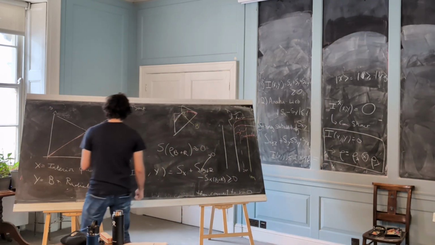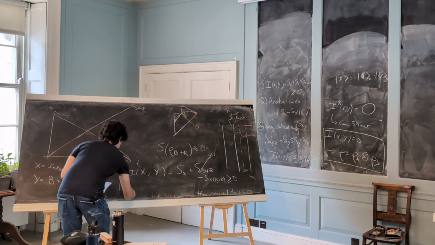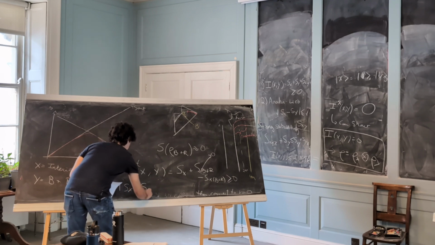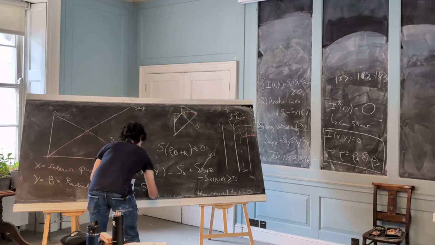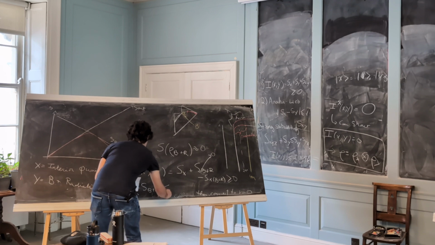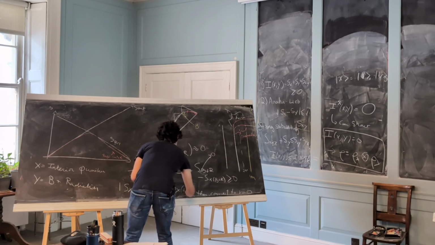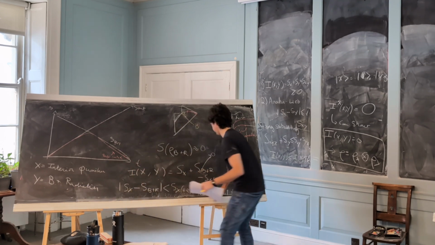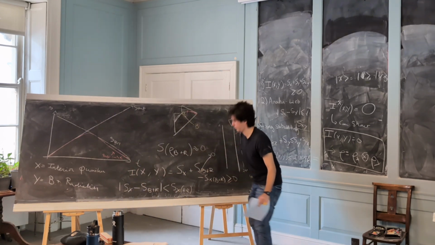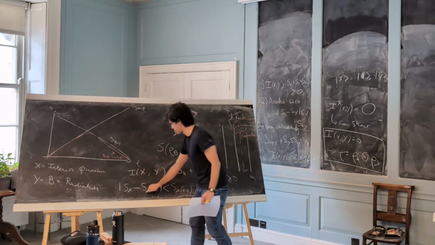And now let's use Araki-Lieb. I have S_X minus S_{B+R} is less than S_{X,B+R}. And this is 0.